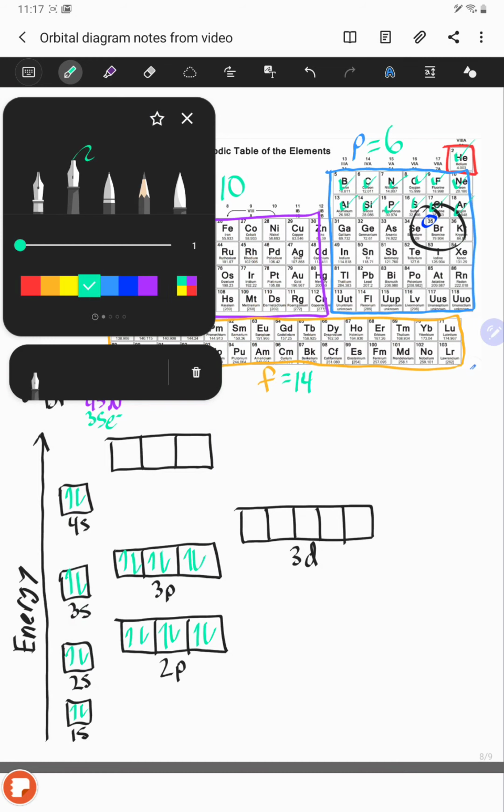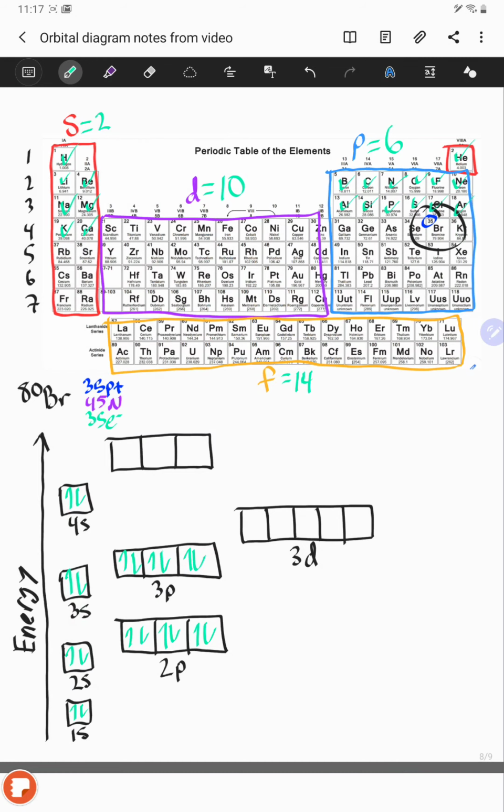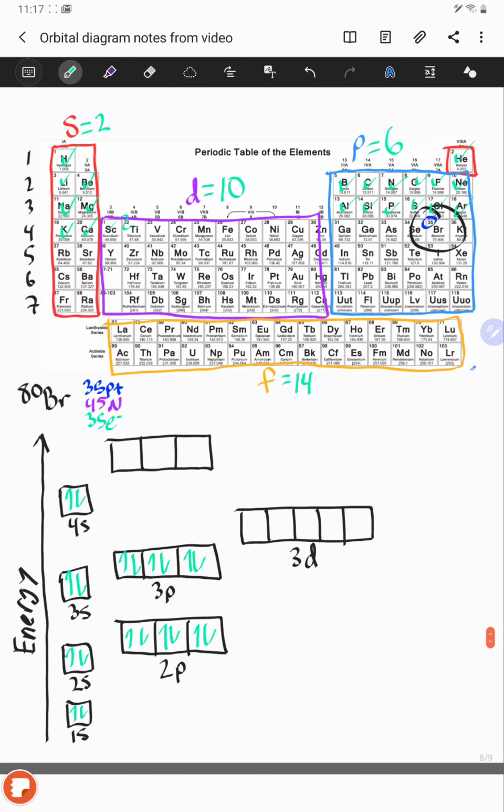We're going to fill in how many electrons are going to end up going there. So let's keep going until we get to bromine. So put here 2, 3, 4, 5, 6, 7, 8, 9, 10. And we're still not at bromine. That means the 3d orbital gets completely filled.